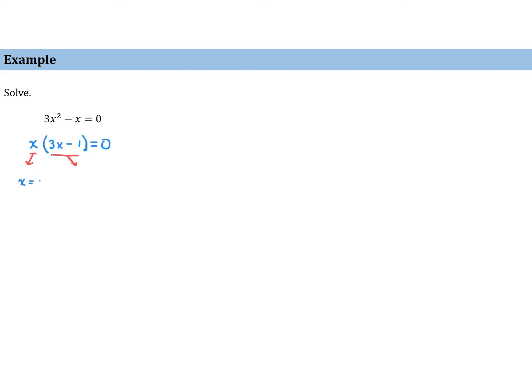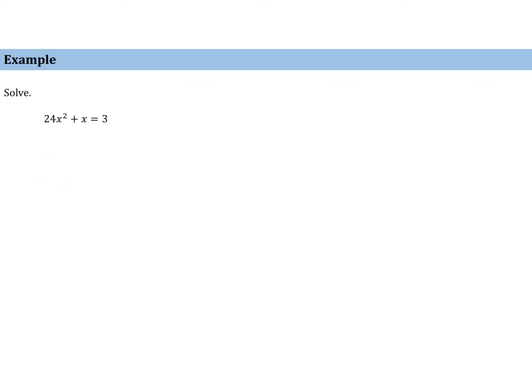So x equals 0, or 3x minus 1 equals 0. So this would mean that 3x would equal 1, or x would equal 1/3. So our answer is x equals 0, or 1/3.